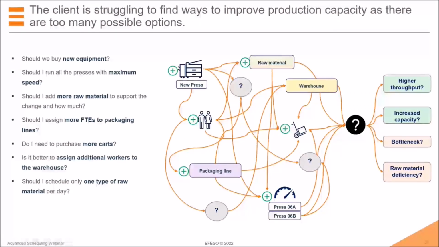The problem is that there are typically too many possible ways and options to modify the production process. For instance, you can decide to buy new equipment, and it's not easy to understand exactly how this impacts production overall.